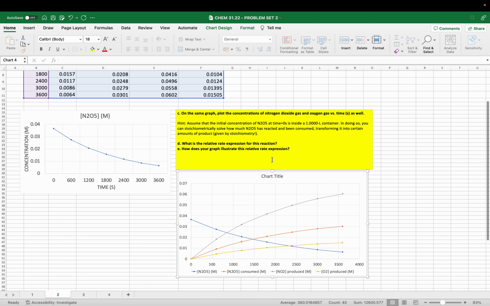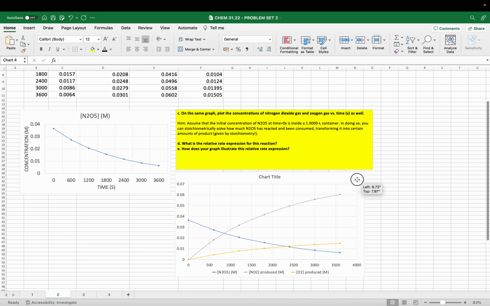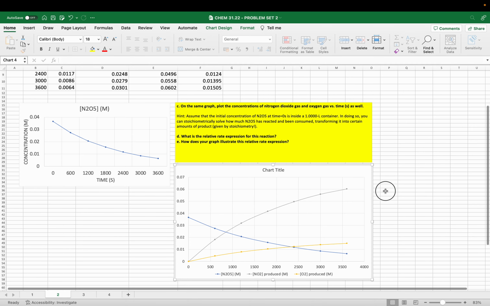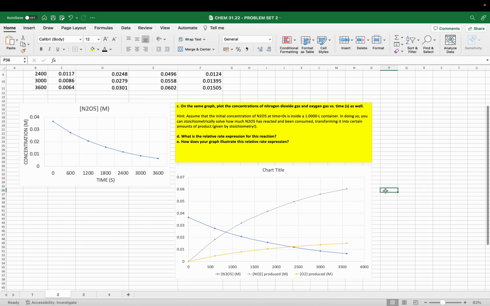Please, again, don't forget to label the concentration and time axes. Okay, and we're simply going to delete the N2O5 consumed plot since that does not concern this experiment. And now we have the concentration versus time plots of our reactant N2O5 as well as our products NO2 and O2.